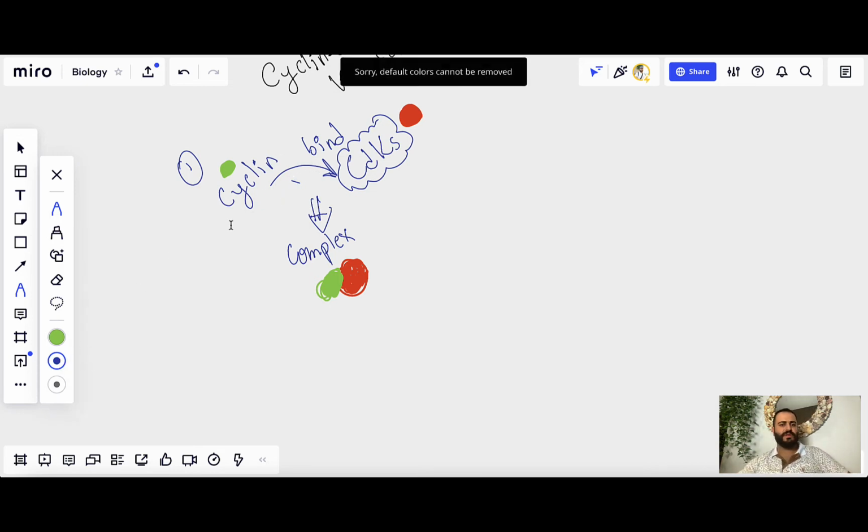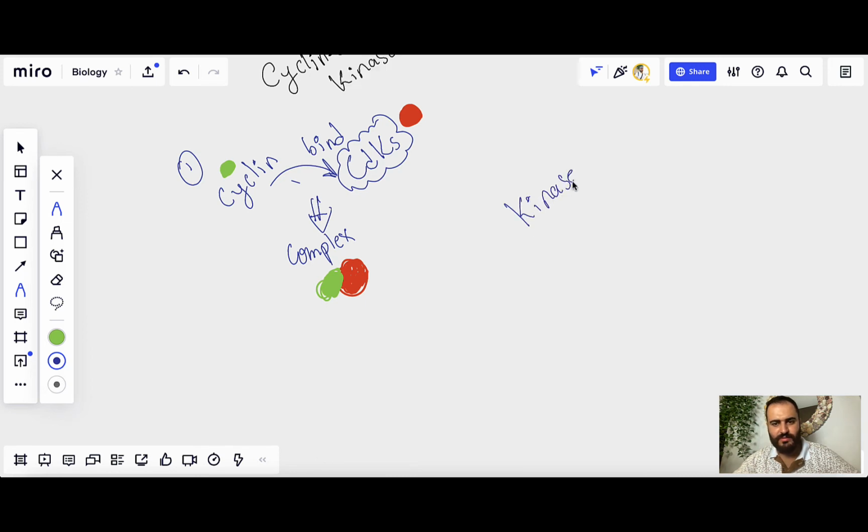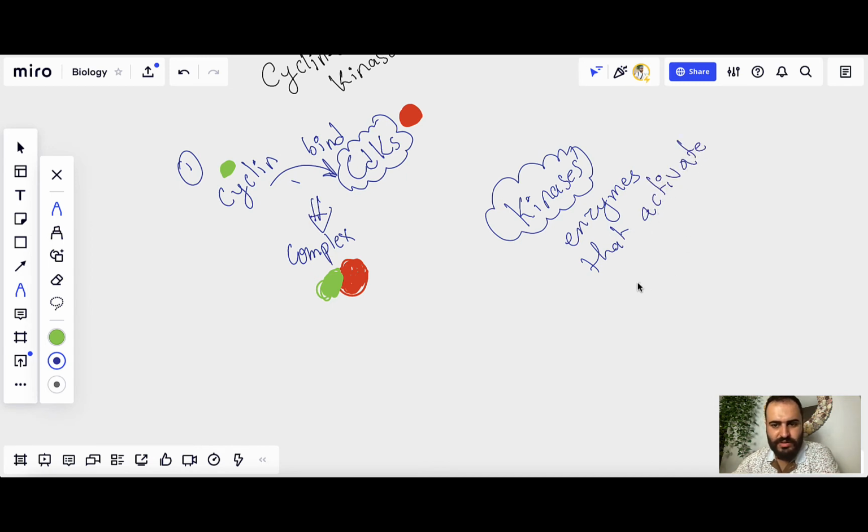Inside the cell, there are enzymes that are called kinases. Those are enzymes that activate target molecules. Kinases are like enzymes that have keys, and without these keys, many reactions cannot happen in the body.